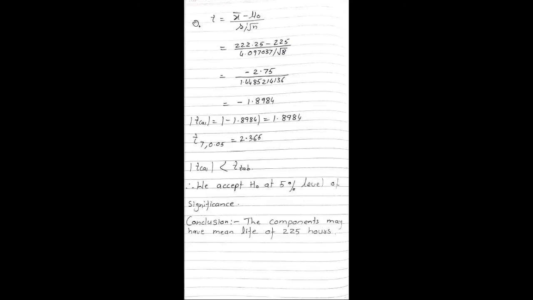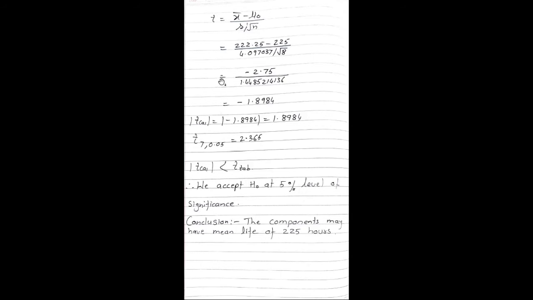So formula for T is given as x bar minus mu naught upon S upon root n. We will substitute all the values. We are getting the value of T as 222.25 minus 225 divided by 4.097037 divided by square root of 8. Sample size is 8.